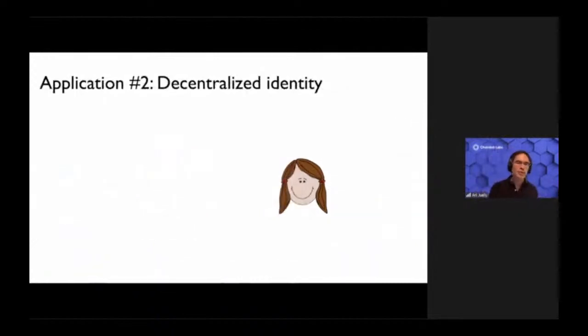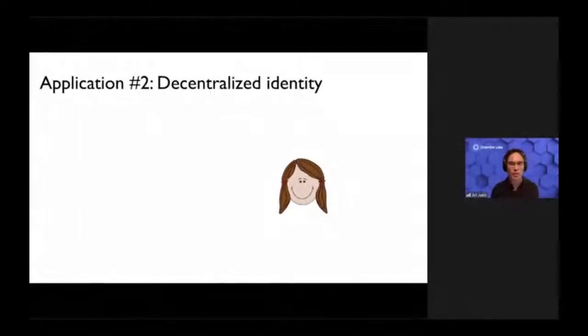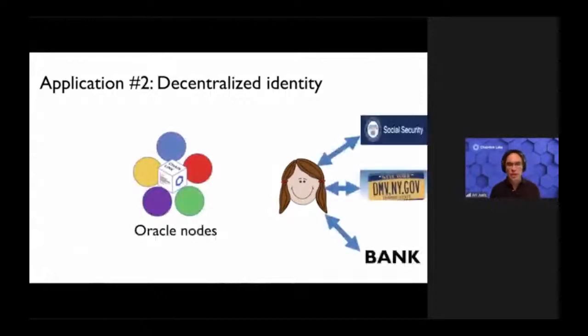Example 2 involves what's often referred to as decentralized identity. Suppose that Alice wants to take out a loan from a bank and needs a credential proving that she's over 18 years of age, a requirement to do this. She can generate such a proof using DECO. What she does is log into a few websites with an authoritative record of her birth date.